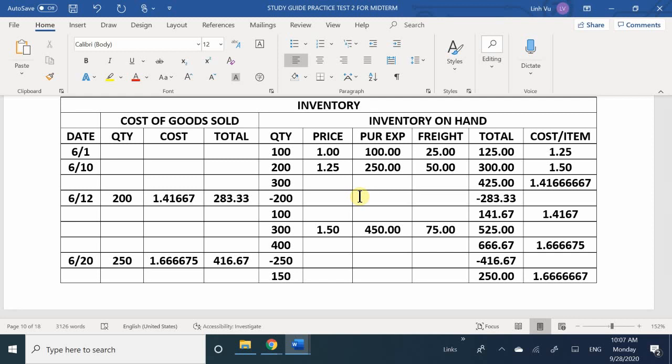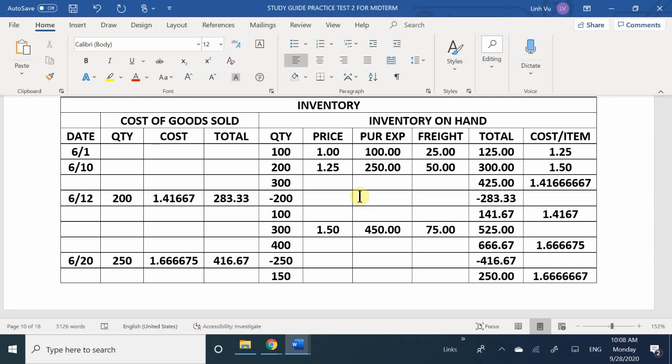Okay. So you just calculated weighted average, and we only do that for periodic. In this case, our average is moving, as every time we make a purchase, we need to update our inventory and update our average cost per item. Every time we sell an item, we need to do the same thing.